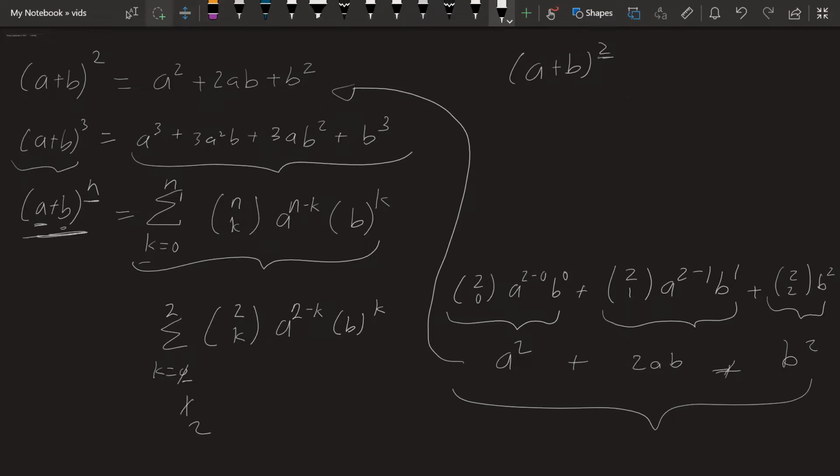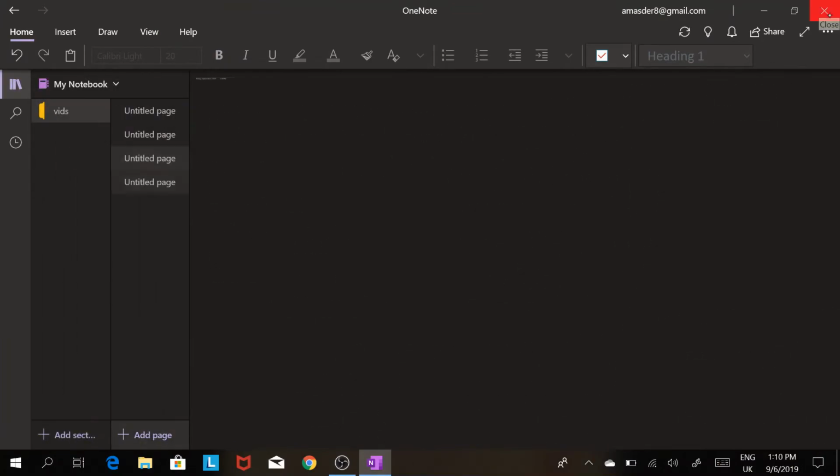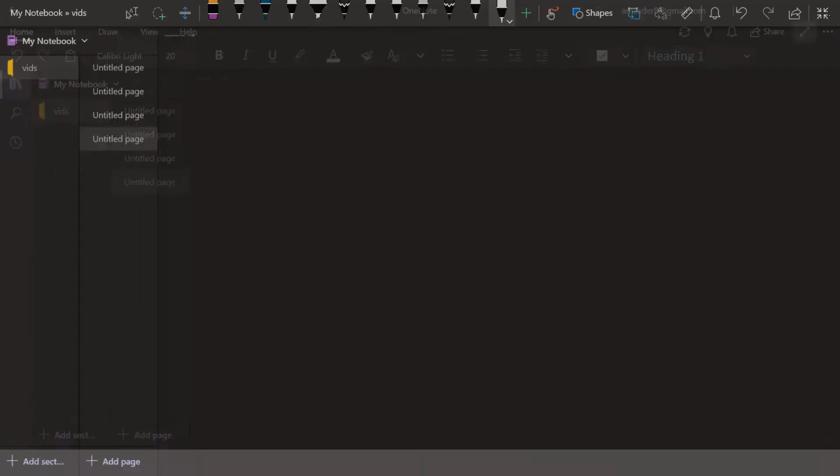So let's say we had (a plus b) to the nth power, and let's say we want to use the binomial theorem to expand it. (a plus b) raised to the power of 5. This is a different example, and let's just choose a higher power. Sorry about that.